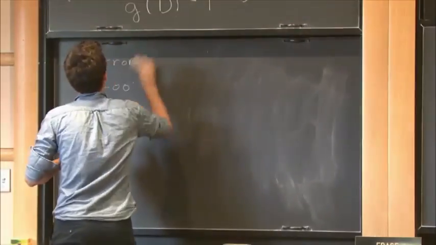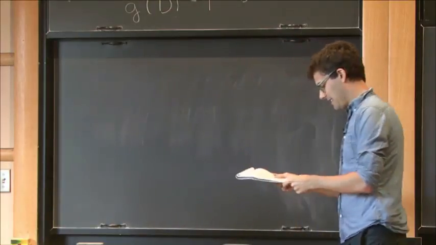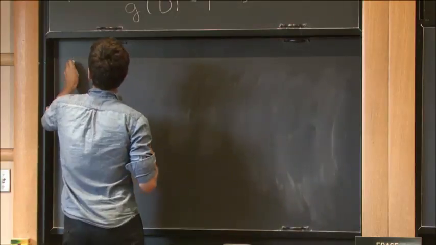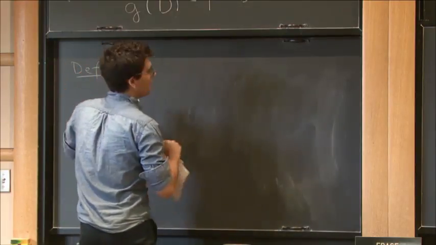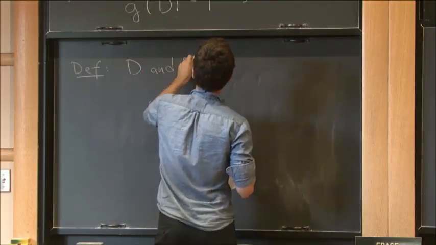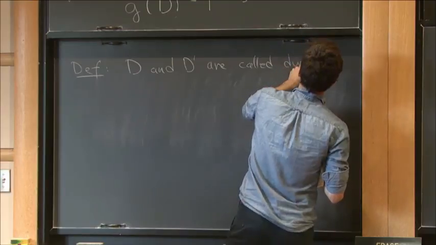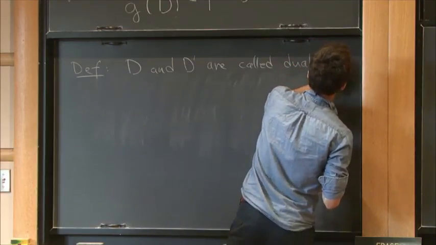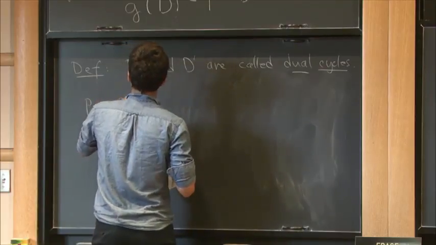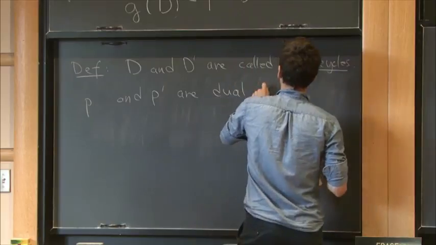All right, so let's look a little bit more closely at the Hirzebruch-Jung surface. But before I do that, I'm going to make a definition. D and D prime are called dual cycles, and the contractions P and P prime are dual cusps.